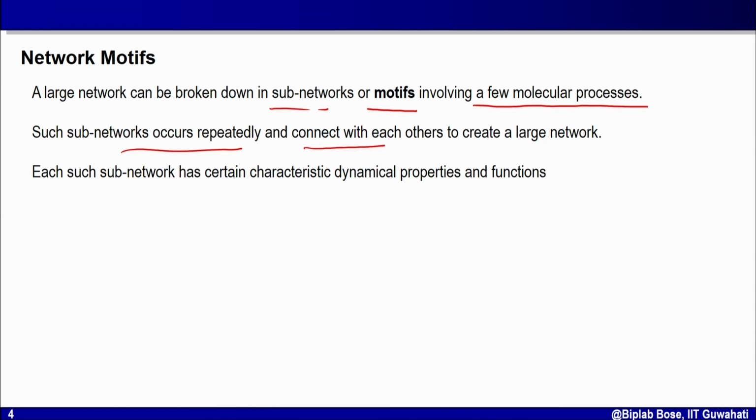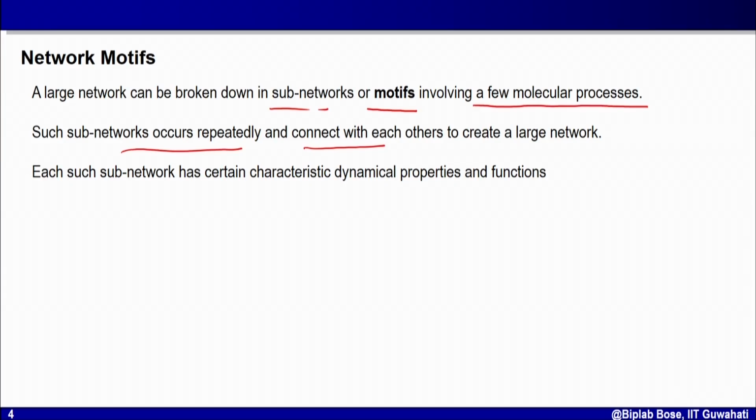So if I can break down a large network into small repeating subunits, I'll look into whether these network motifs have specific characteristic dynamical properties or functions. If I can identify a handful of network motifs, each with a particular dynamical characteristic and function, then I am in an advantageous position. I can study and model them separately, and then connect them together to create a large model of the real network.